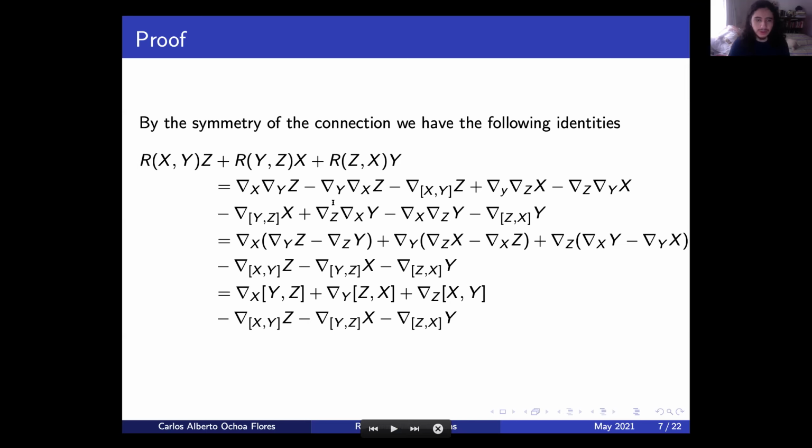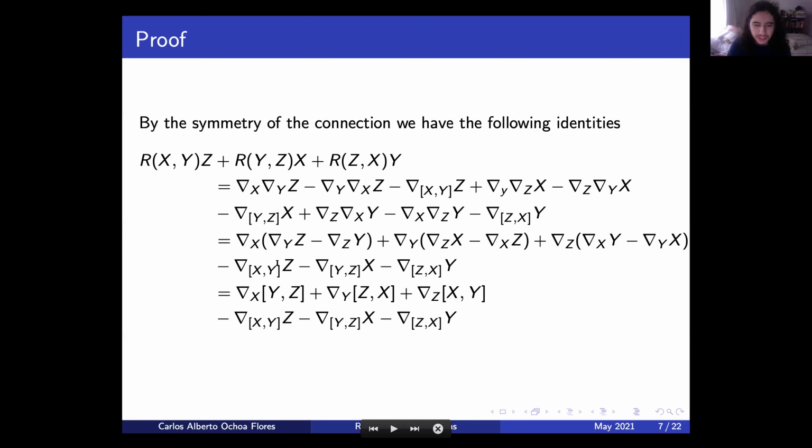So we first notice that we can put together this one and this one and obtain this difference by linearity. Then we can put together this one and this one, and obtain this. And we can put together this one and this one to obtain this third term here. And we leave the terms where we are differentiating in the direction of the bracket as they are.